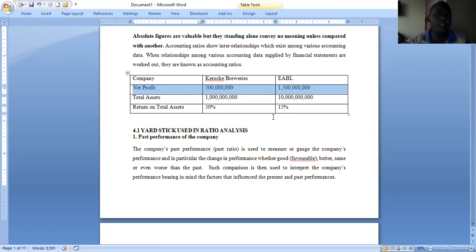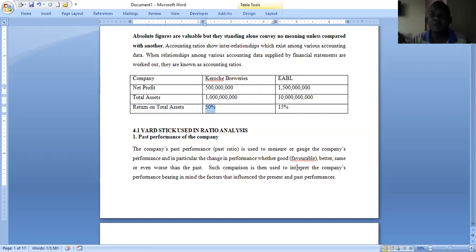But then, if you compare with another element in the financial statement, say the total assets of the two companies, and then you derive the ratio of the return on total assets, which will be equal to the net profit divided by the total assets. For Keroche, the return on total assets will be 500 million shillings divided by 1 billion shillings, which will give us a return on total assets of 50%.